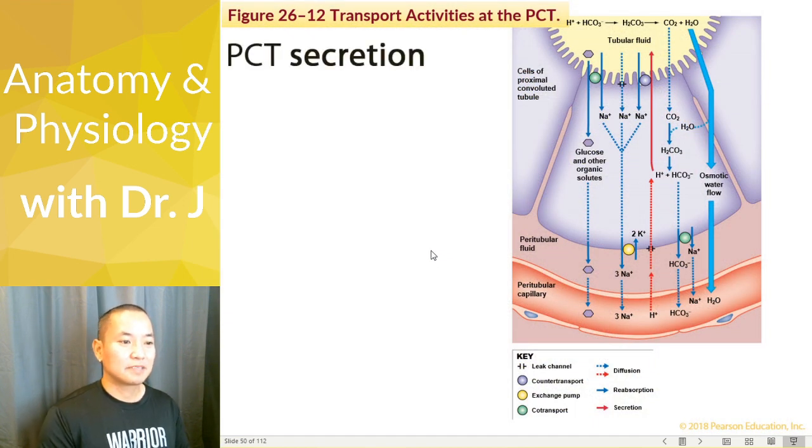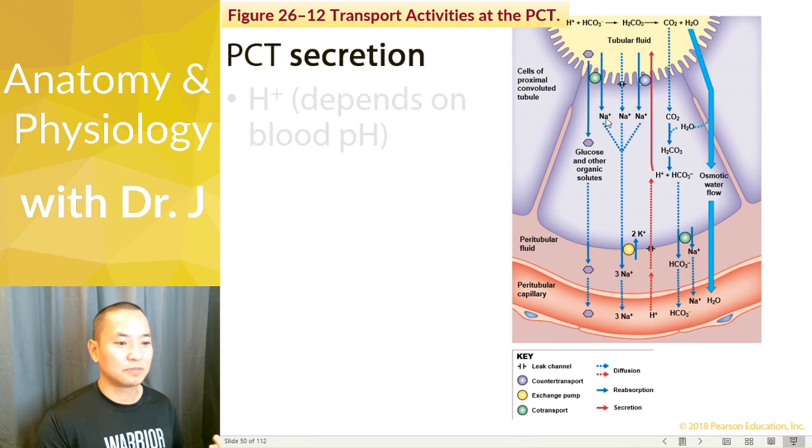Right? So the thing about the PCT, it also secretes. So this is different from filtration. So what we have is now, instead of things just being pushed due to pressure from the inside of the glomerulus to the capsule, now we're talking about actually taking chemicals and actively dumping them into the filtrate and fluid inside the renal tubules.